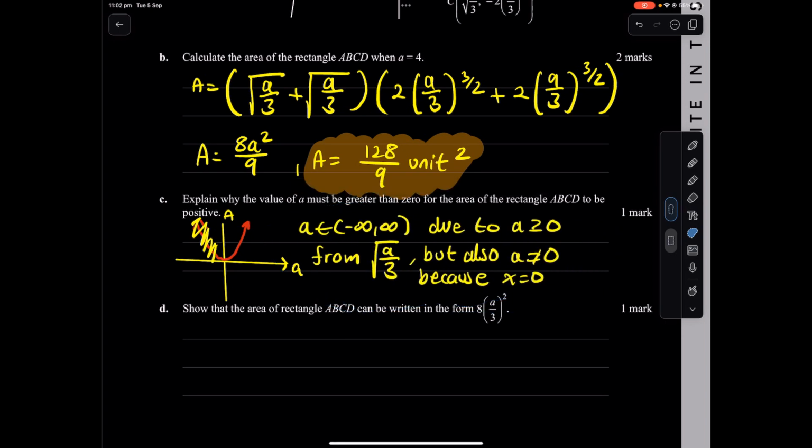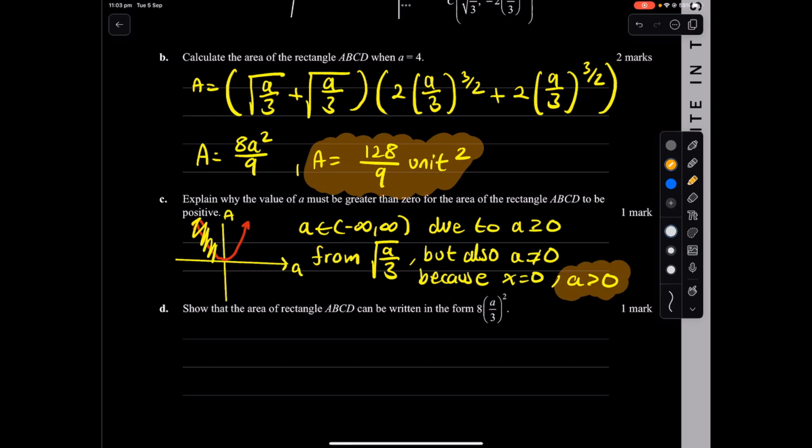That's how you would explain why the value of a must be greater than 0 for the area. Normally a can be anything, but since it's a square root, a is greater or equal to 0, but also it cannot equal 0, so a must only be greater than 0. I hope that's right.